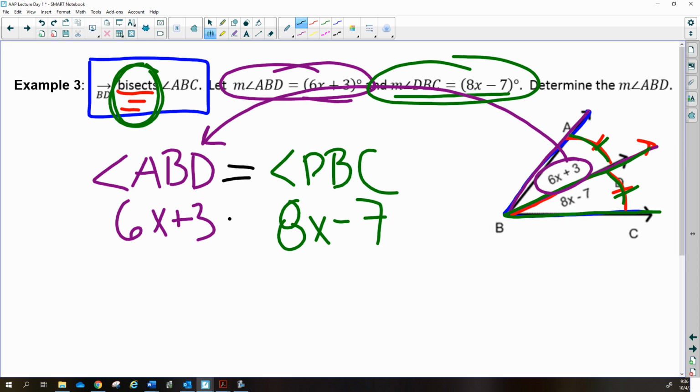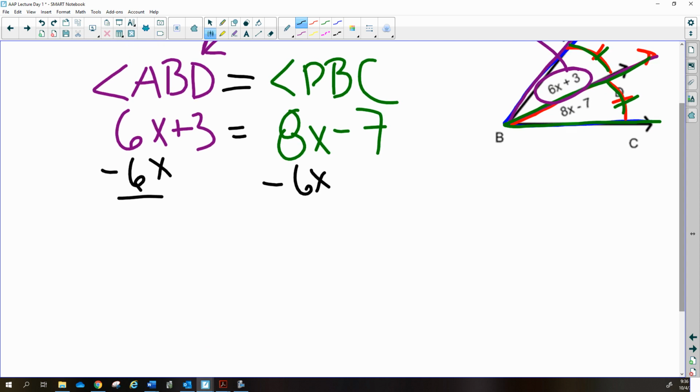From there, I'm going to be able to go about solving. If I subtract 6x to get the x's on the same side, I will have those cancel out. What I'm going to have left here is 3 equals 2x minus 7.